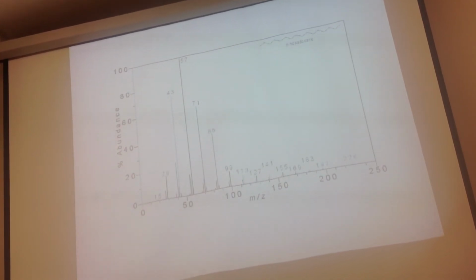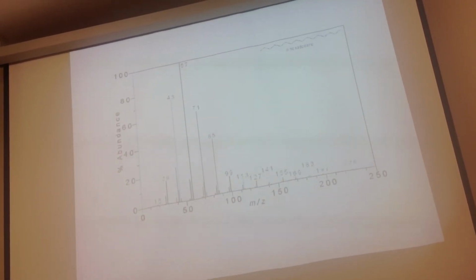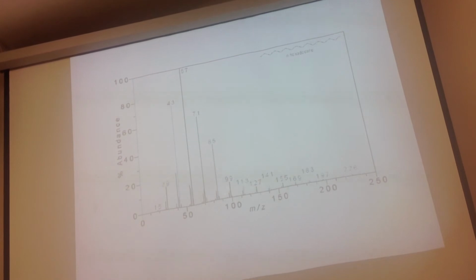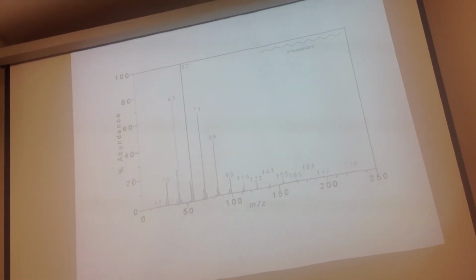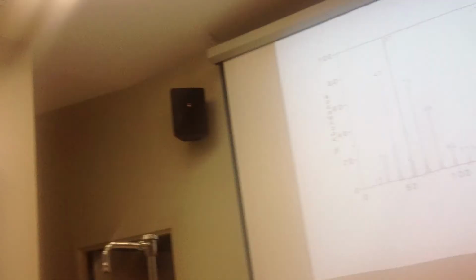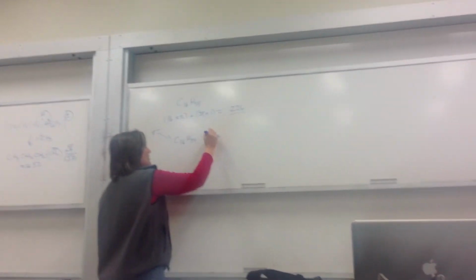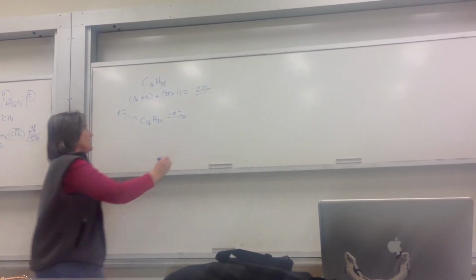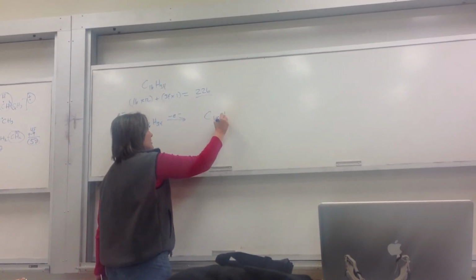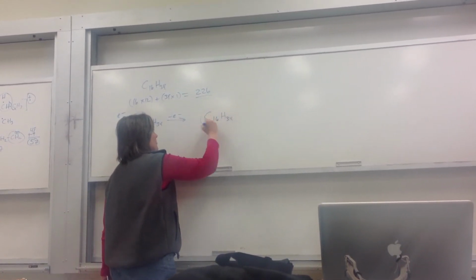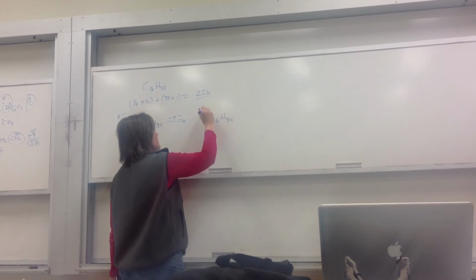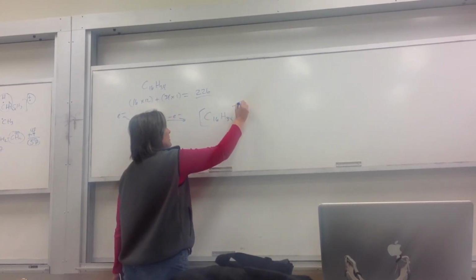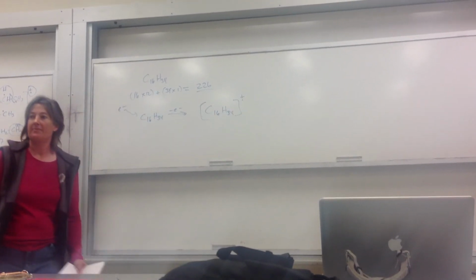So an electron hits this nightmare, and I'm not going to draw it. C16H34 is hit by a high energy electron. It loses an electron from somewhere, various places. And we get this: C16H34, and I am going to be very non-committal and put it in brackets.